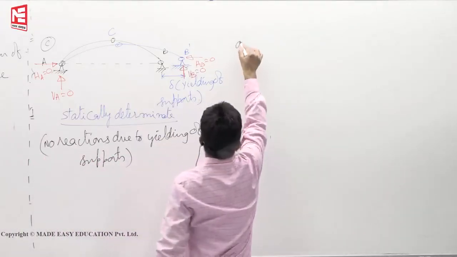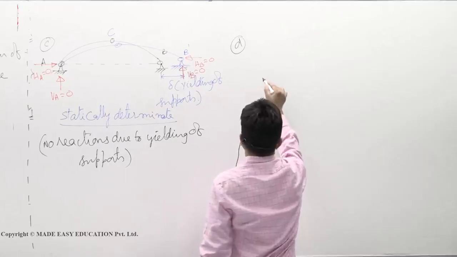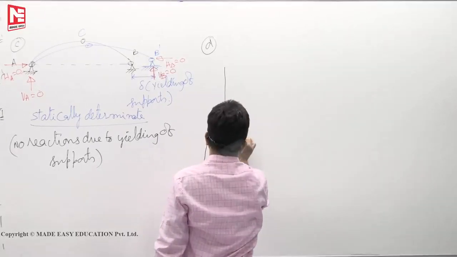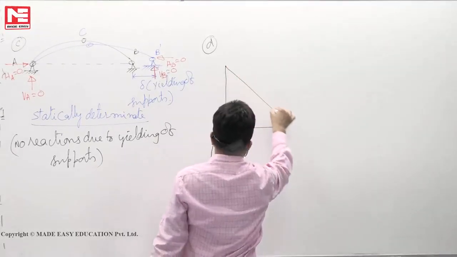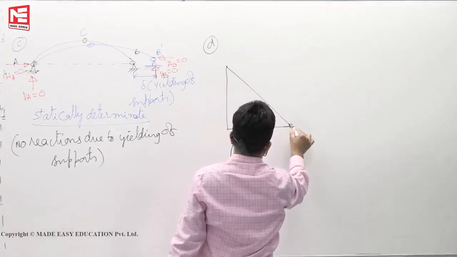Next, last example, lack of fit, let us see. Assume that we have a statically determinate truss you are building.